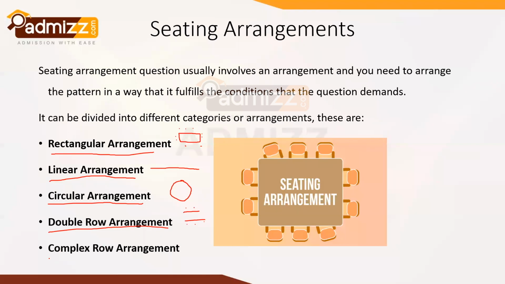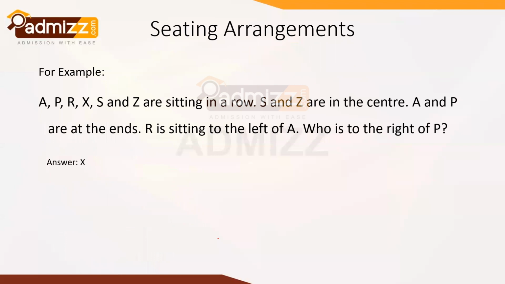And lastly, we've got complex row arrangement where there are multiple rows. The number of rows exceeds 2, so it may be 3 rows, 4 rows, 5 rows, or 6 rows, and so on. So hopefully, but first, an example.